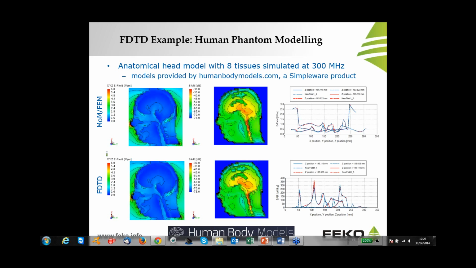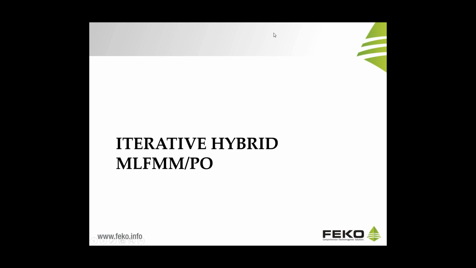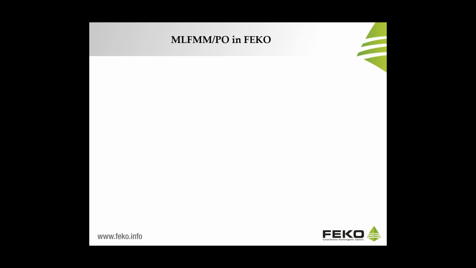Okay, and now we will continue with the second major feature we are introducing in this new release, which is the iterative hybrid multi-level fast multipole method together with physical optics. In 1992, we introduced the hybridization of MLFMM with PO.